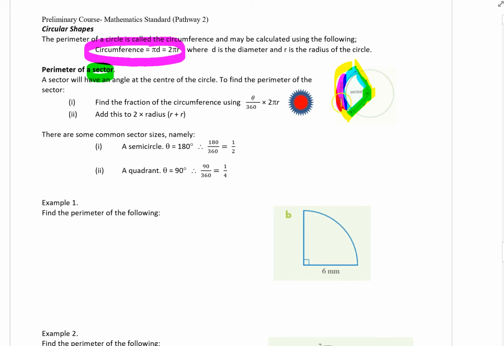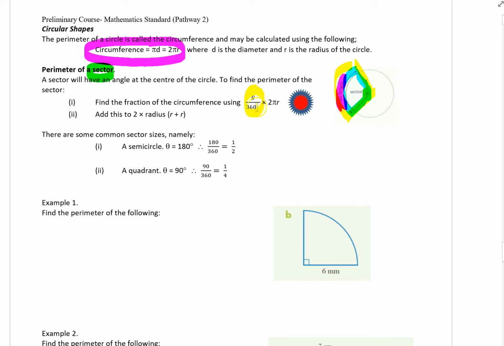One of them is calculated based on a fraction of the circumference. What fraction? It's whatever the angle for the sector is, out of 360. That's why you must always be given the angle at the middle of your sector.